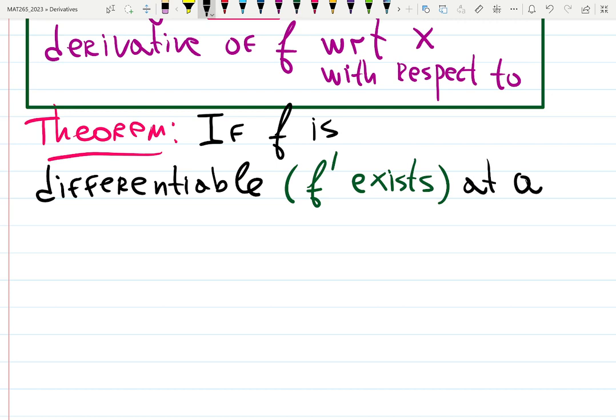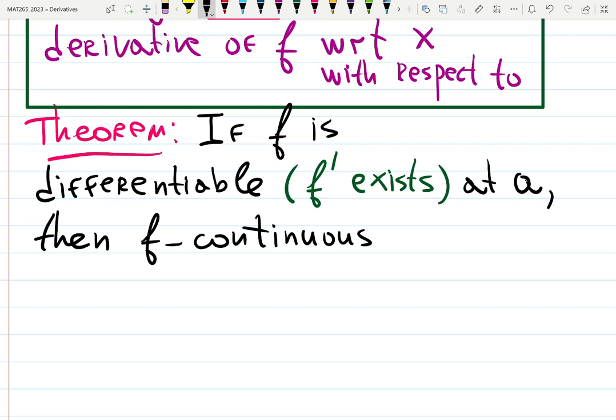We never say differentiable everywhere. Differentiable everywhere means at any point. So in general, we're defining differentiability at the point a. Then the function is continuous. Then f is continuous, and that takes us to the previous chapters. Now it's very interesting. If you want to check if the function is continuous, you can see if the derivative exists at a. That's a theorem.